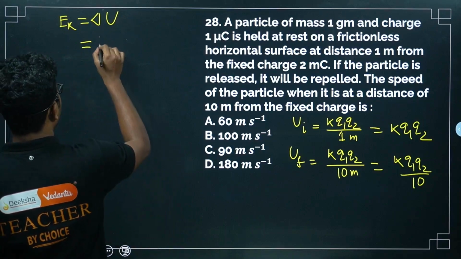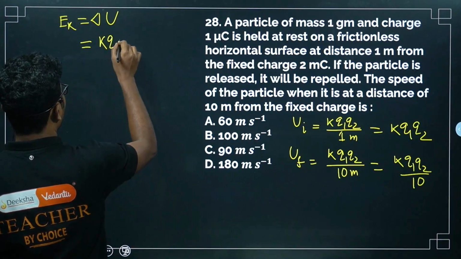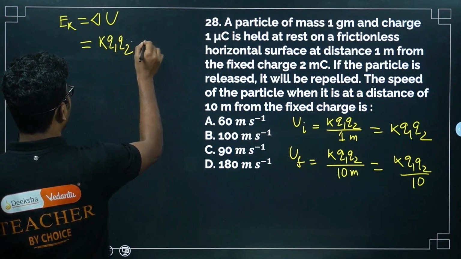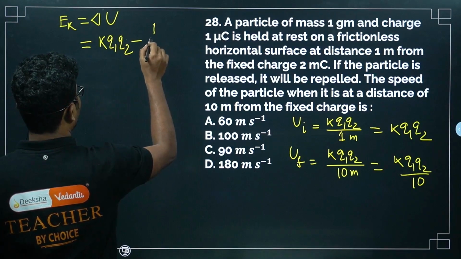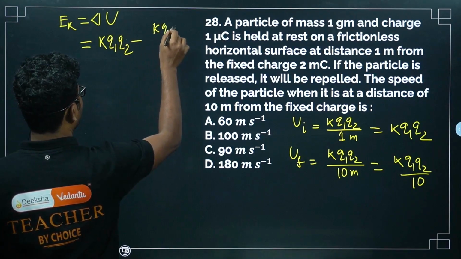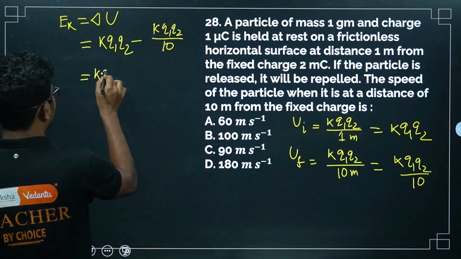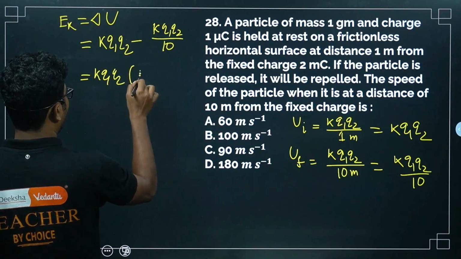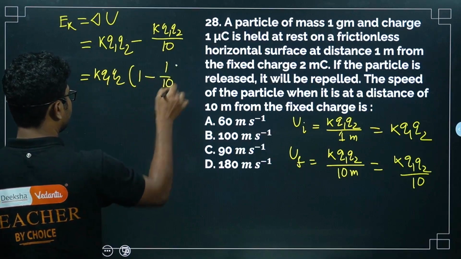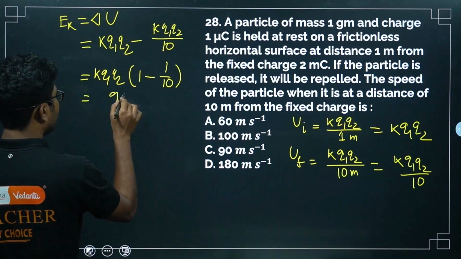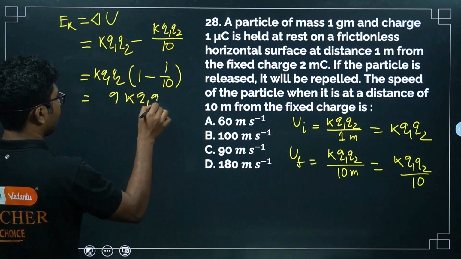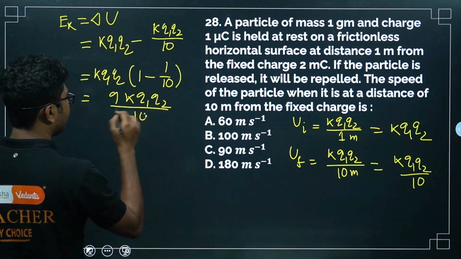So what we will do, we will subtract from the bigger value the lower value. So it will be K Q1 Q2 times 1 minus 1 by 10. That is 9 K Q1 Q2 by 10.